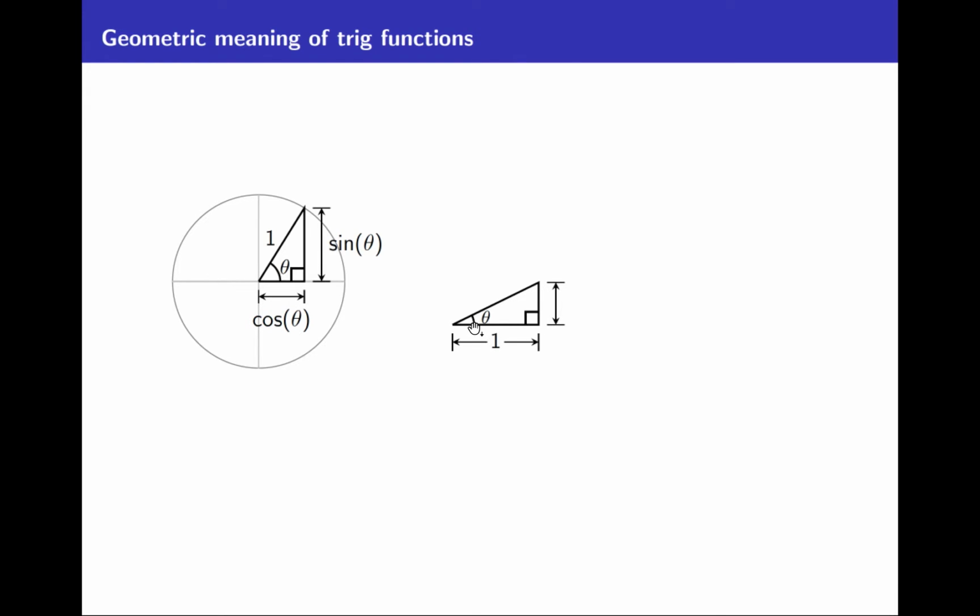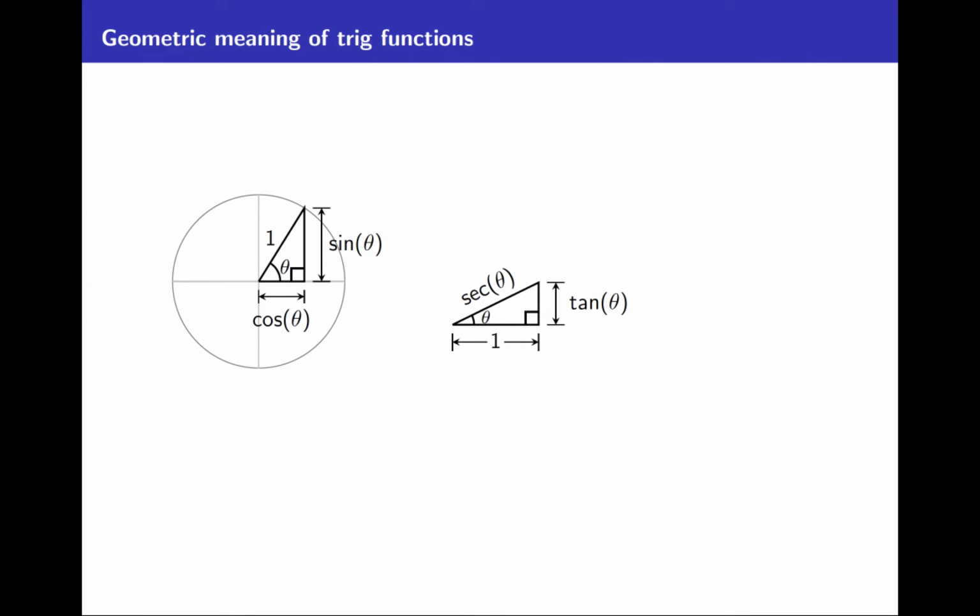Opposite over adjacent is opposite over 1, so it's just equal to opposite. But also opposite over adjacent is tangent, so this opposite side in this triangle would simply be tangent of theta. Likewise, hypotenuse over adjacent is secant, but also in this particular triangle, hypotenuse over adjacent is hypotenuse over 1, so it's just hypotenuse. So the hypotenuse is secant theta. So here is a picture of a triangle whose sides are equal to secant theta and tangent of theta.